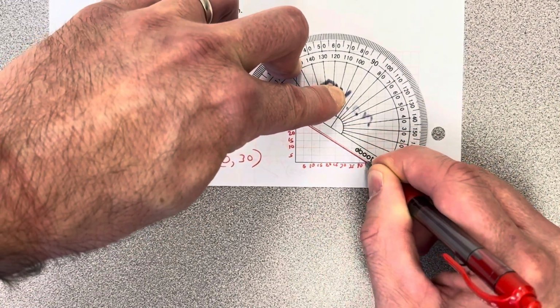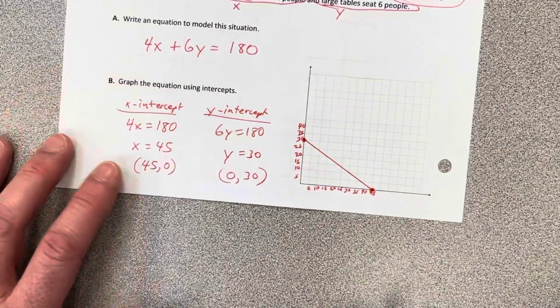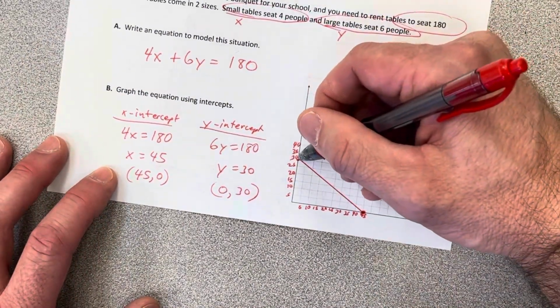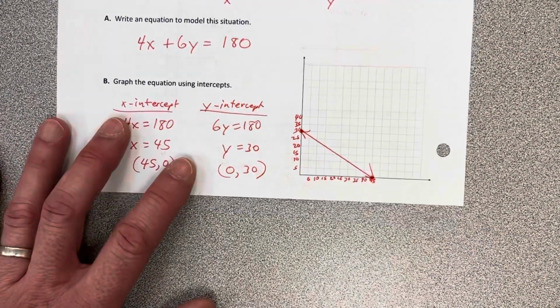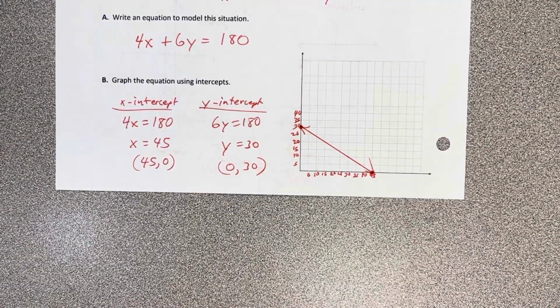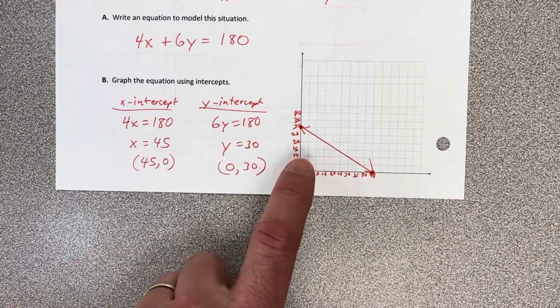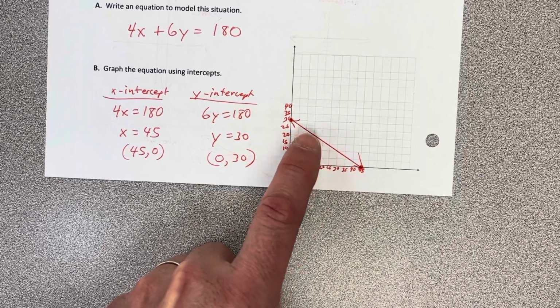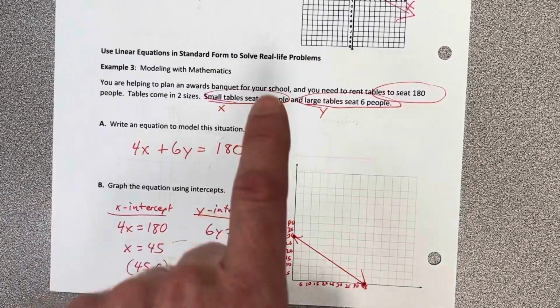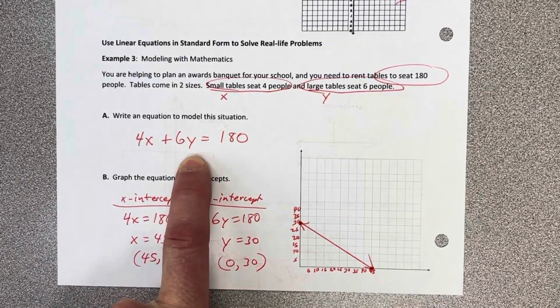Notice I'm not going to put arrows on this. I mean, really, technically you would, but in reality, this was about tables, and you can't have negative tables. But what's fascinating about this is any point that is on the line is a solution to the table problem.